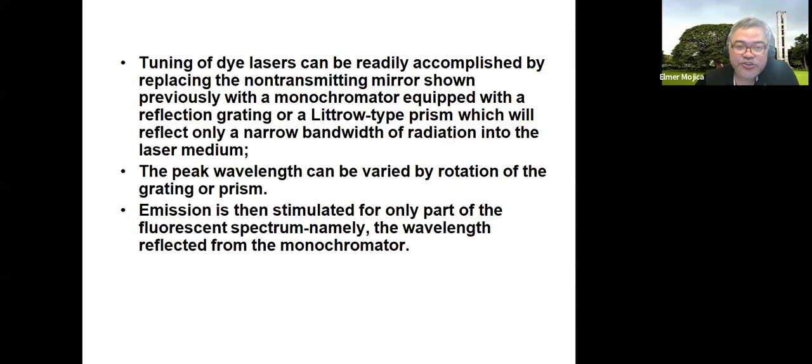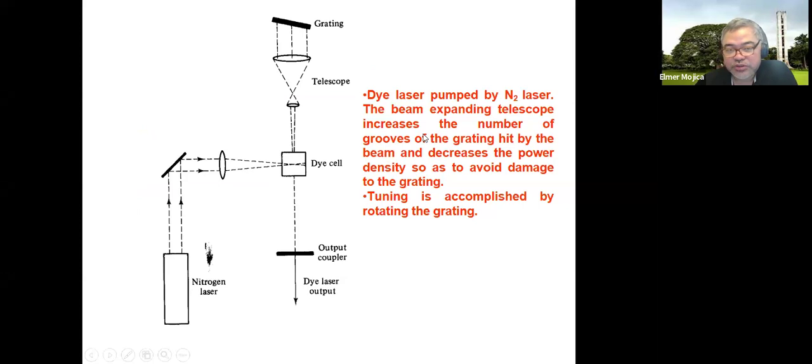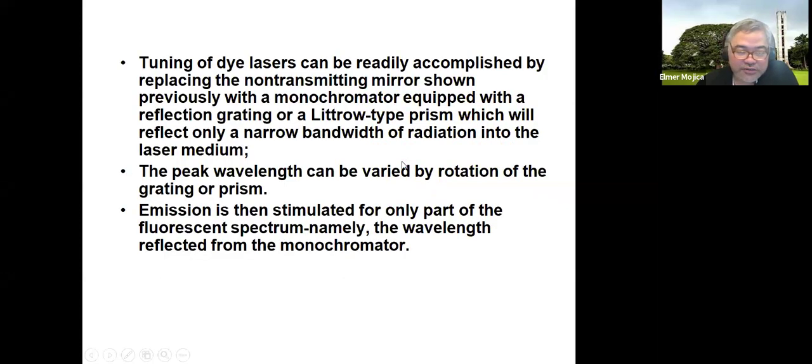Okay, and tuning of a dye laser can be readily accomplished by replacing the non-transmitting mirror shown previously with a monochromator equipped with a reflection grating or a Littrow-type prism, which will reflect only a narrow bandwidth of radiation into the laser medium. And the peak wavelength can be varied by rotation of the grating or prism.